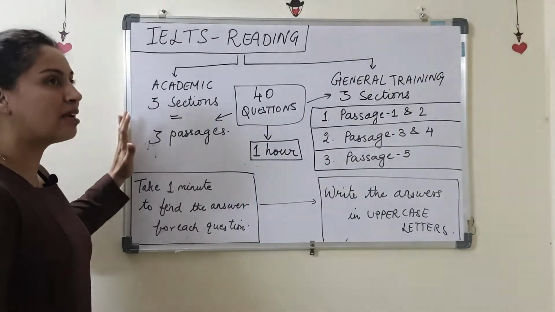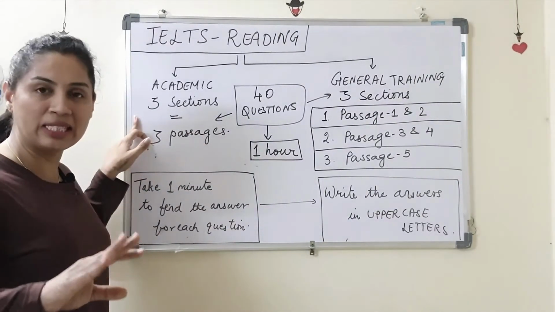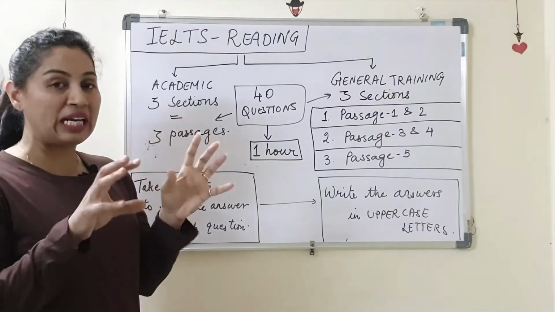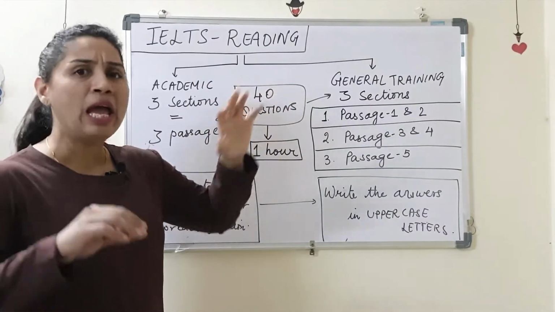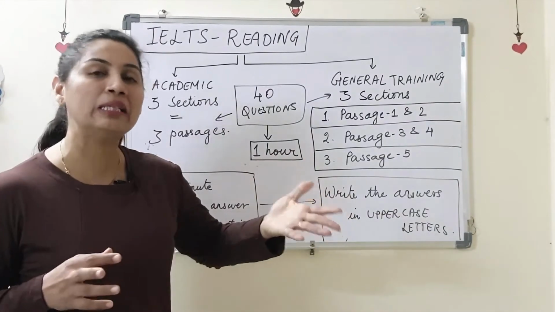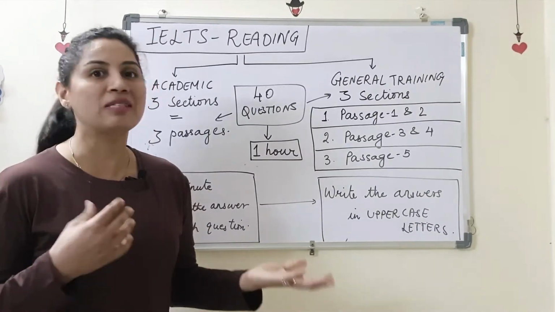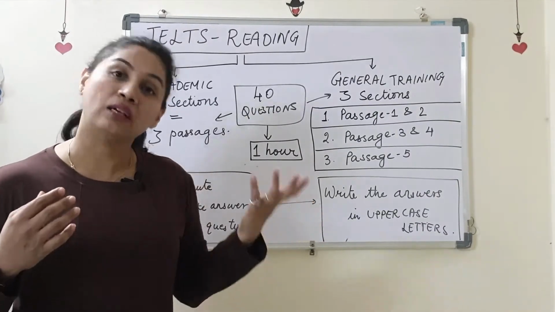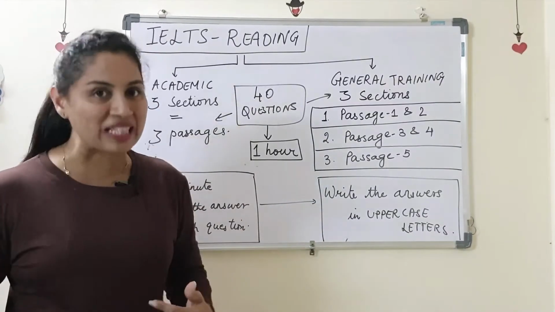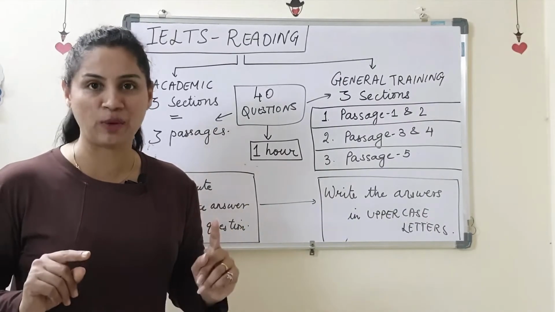Let's first discuss Academic IELTS. Here we have 3 sections and 3 passages. In these 3 passages, we have 40 questions. For example, section 1 might contain 13 questions, section 2 again 13 questions, and the last passage may have 14 questions, so 40 questions overall.